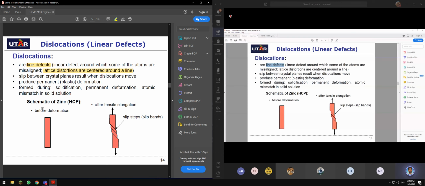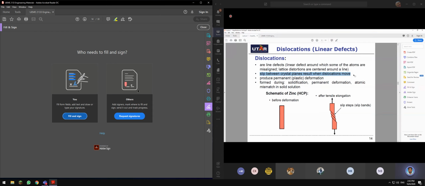Dislocation is the slip between crystal planes that results when a dislocation moves. Usually this occurs when there is an external stress imposed on the structure.